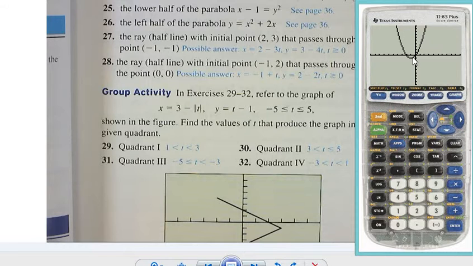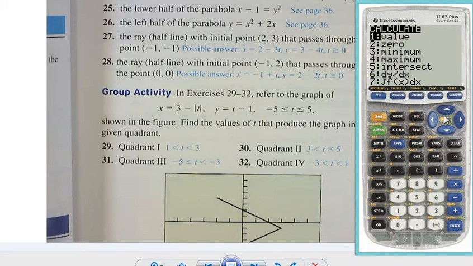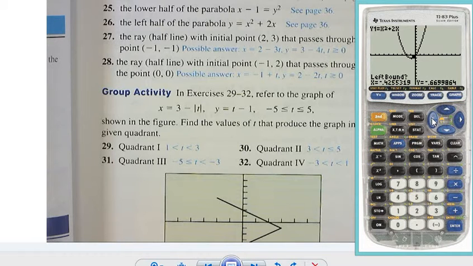All right. So we could verify what the vertex is. What's another fancy math word we use for vertex? Minimum. So I could come in and do second calc and calculate the minimum of this bad boy. I'm going to go a little bit to the left of the minimum, and a little bit to the right of the minimum.